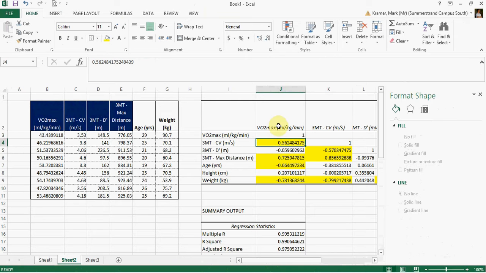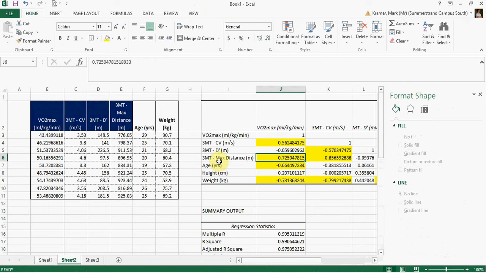In essence, whether this is positive or negative gives me the direction in which VO2 max changes depending on a change in this. So for example, VO2 max is positively correlated with critical velocity, so the higher my critical velocity, the higher my VO2 max. Makes sense. The faster I run, the more oxygen uptake I would require, right? The size of this is also of interest, and I'll get to that just now.